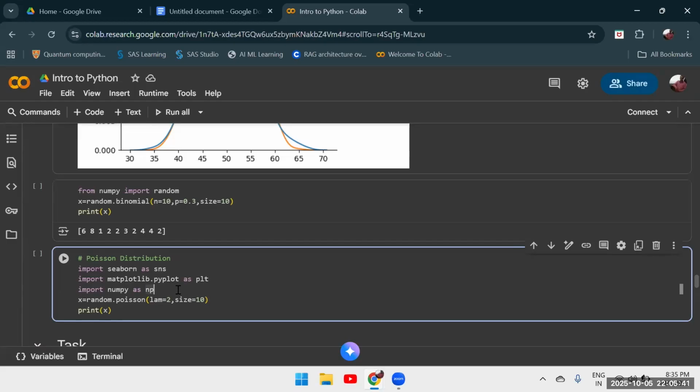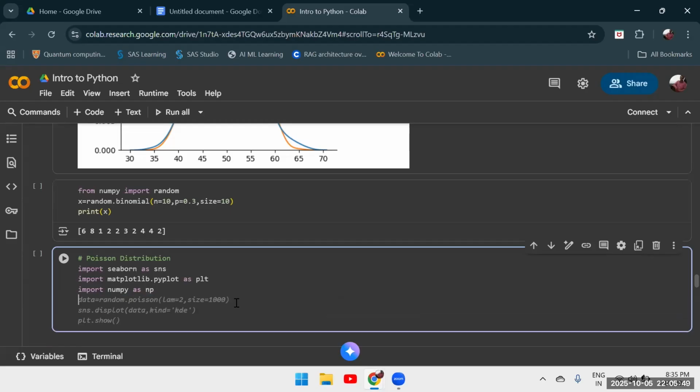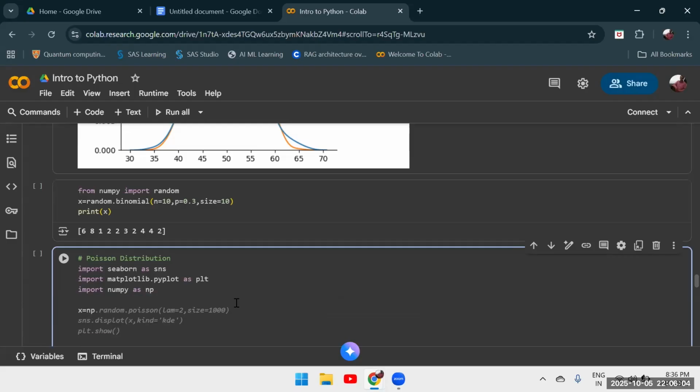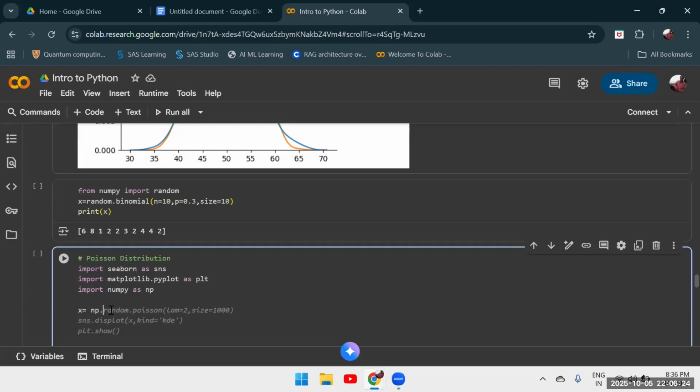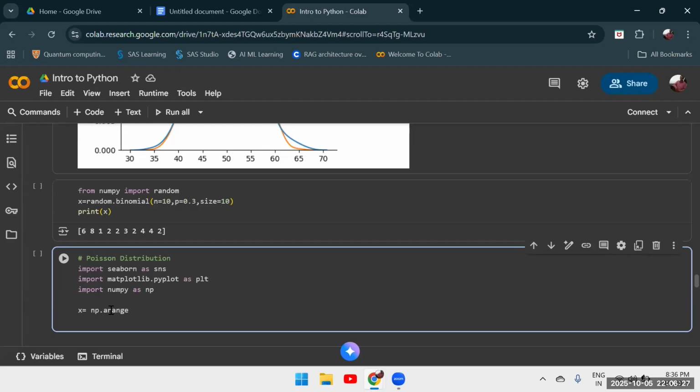Now, how are we going to apply this Poisson distribution? For applying it, we first need to create a class method for Poisson distribution. First let me create a NumPy array using np.arange.